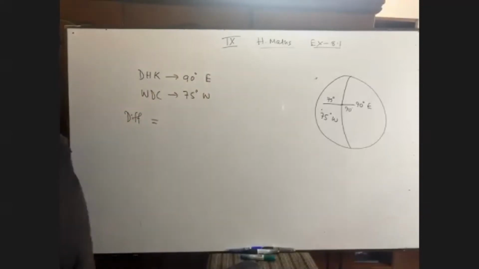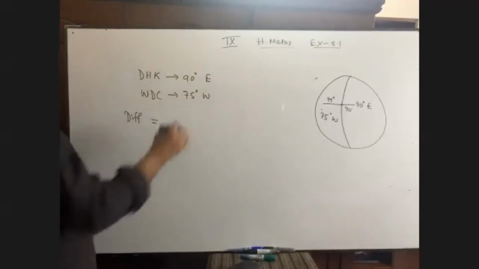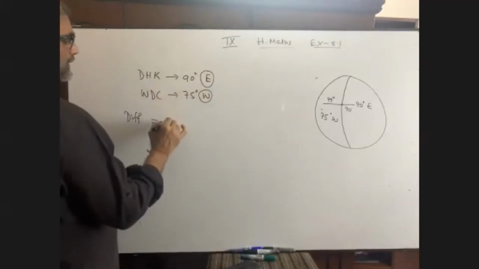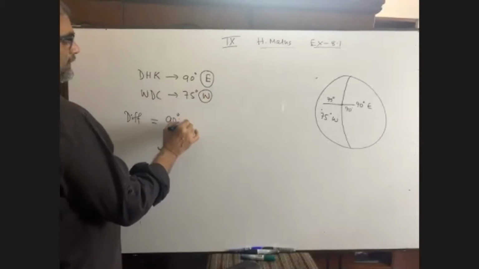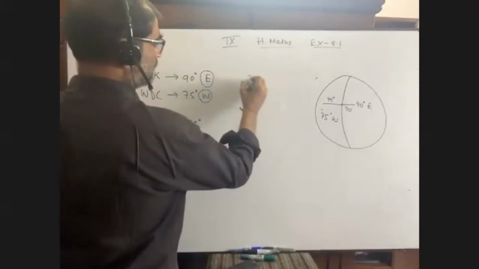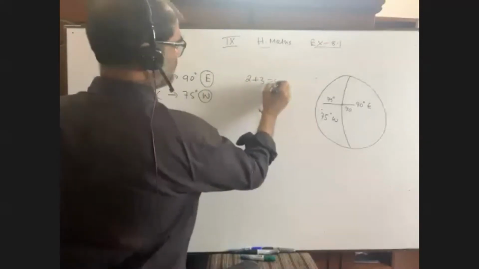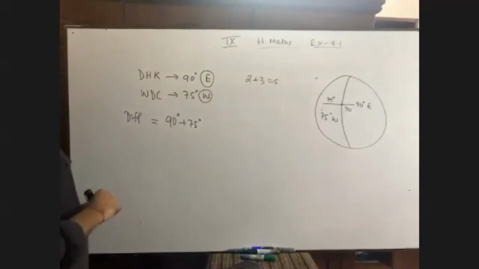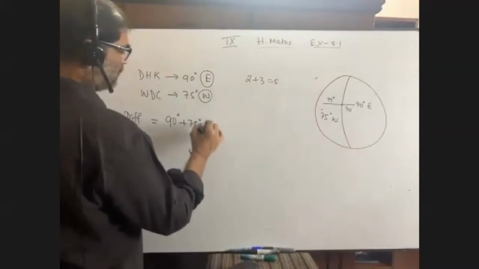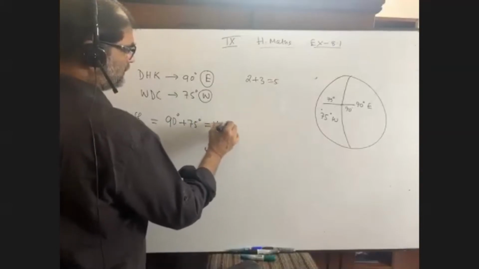As they are in different hemispheres, different longitudes, one is east and one is west, so they are in difference, okay? So it will be their addition, 90 degree plus 75 degree, as we added 2 plus 3 equals 5 in my last example. Can you remember, please? So it is equal to what? 165 degrees.